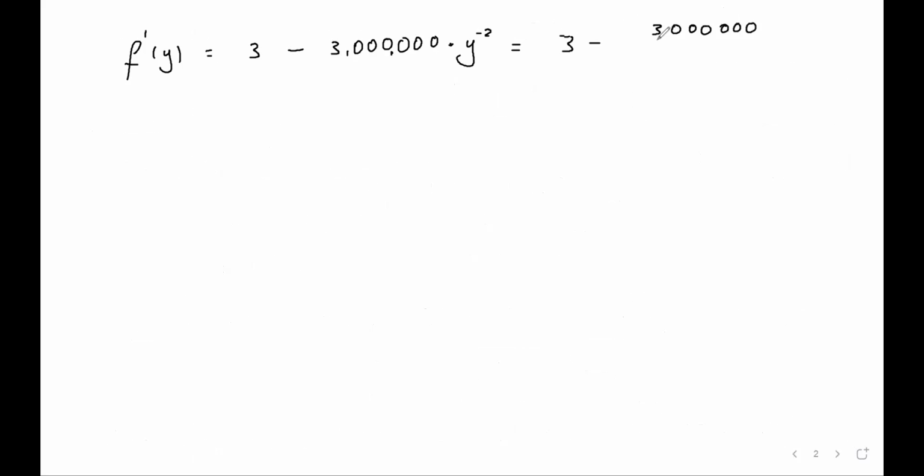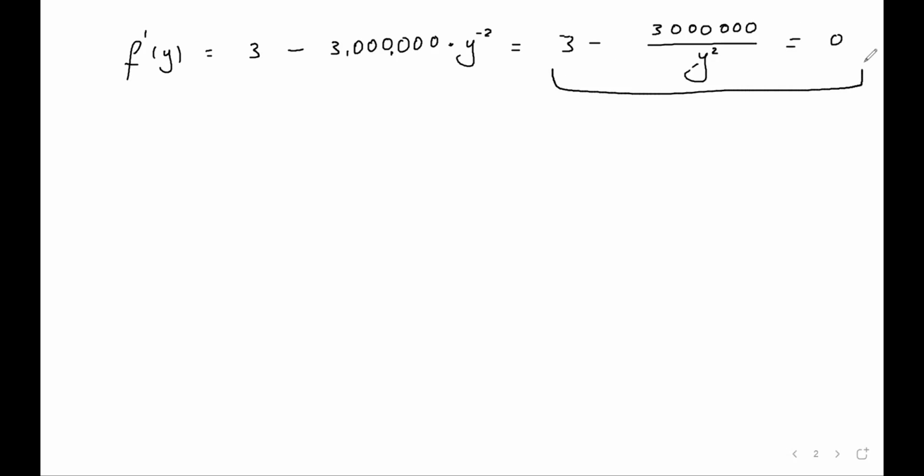So 3 minus 3 million times y to the negative 2, which can be written as 3 minus 3 million over y squared. This is the one that I am going to set equal to 0, this derivative, because I want to find the critical number.